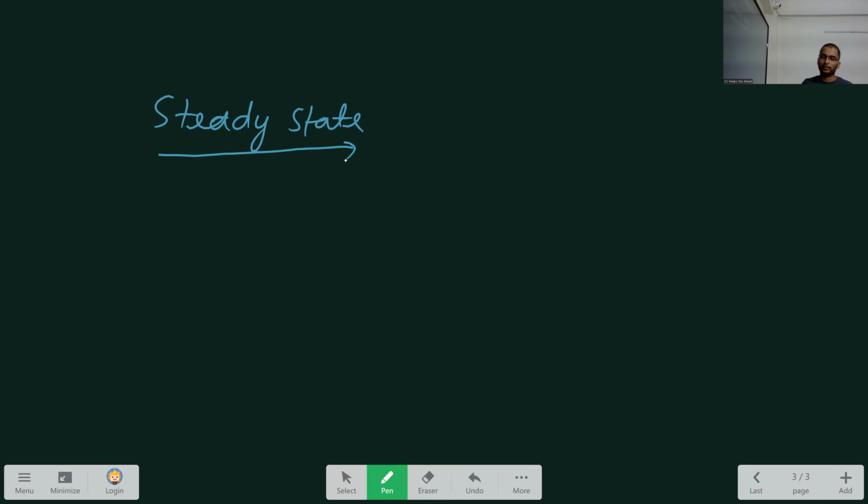Now what is steady state? Suppose we are heating a rod, heating this end. At some stage we notice that the temperature at any point, students, becomes constant. Because heat can be taken out of the material, after some time the temperature at any point becomes constant.